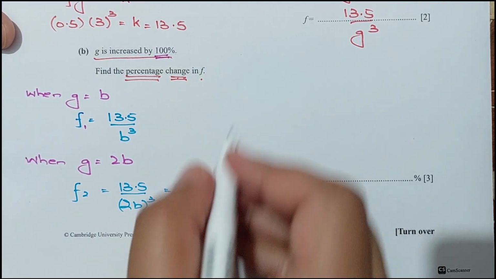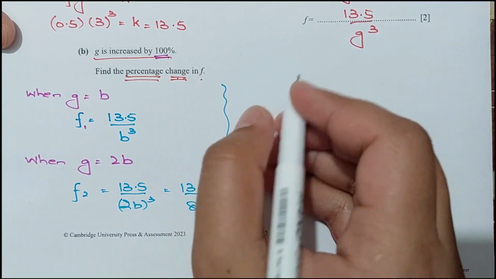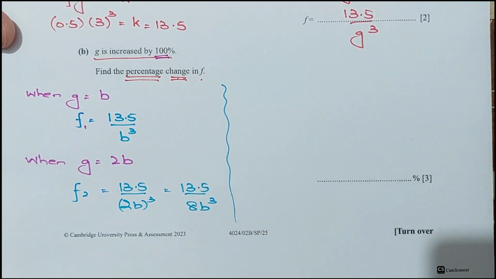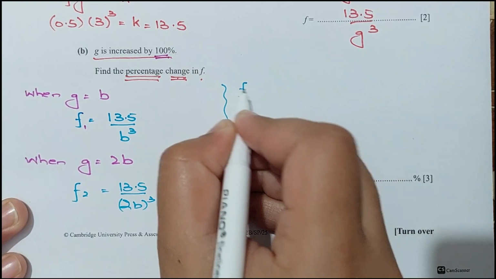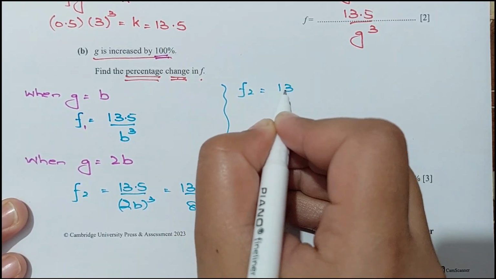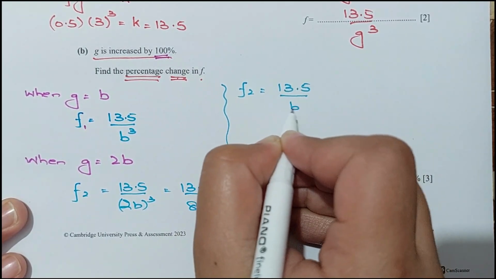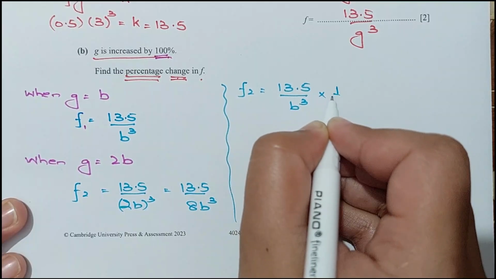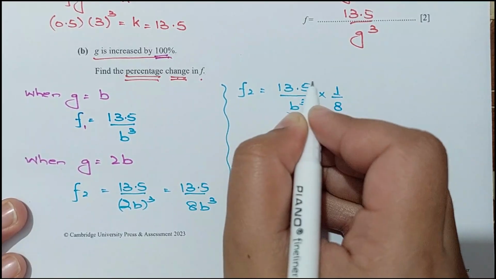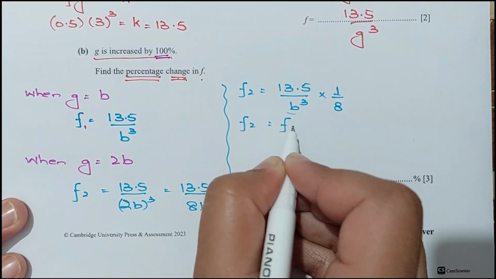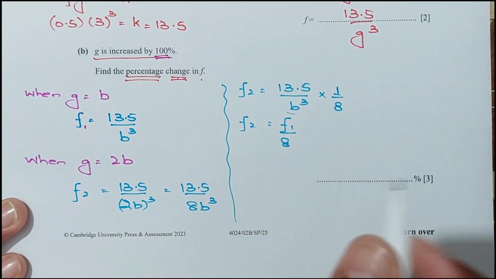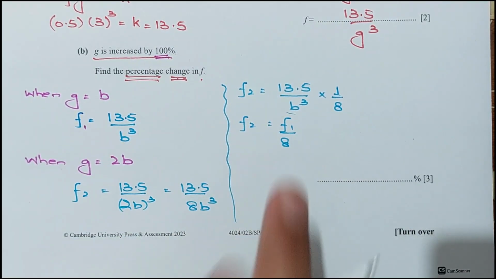Okay, so we can write F2 in terms of F1. F2 would be equal to 13.5 over B cube multiplied by 1 over 8. So what is 13.5 over B cube? This is F1. So F2 is equal to F1 over 8. This is F1, this is F2, right?